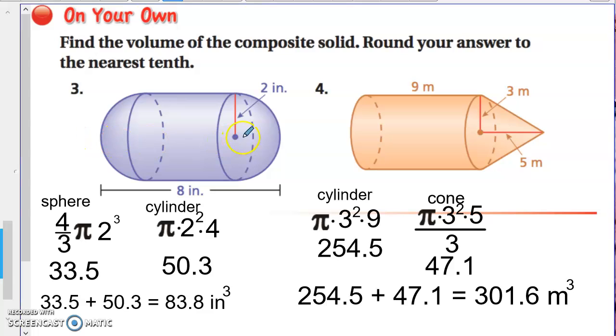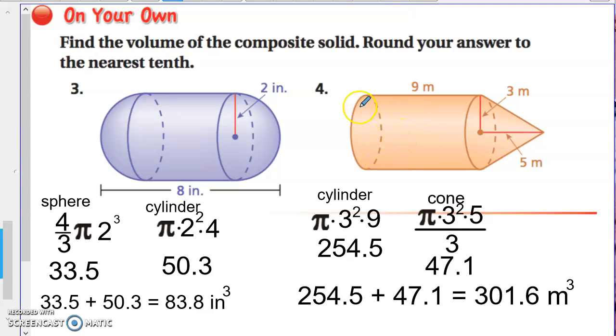There is 2 right here and 2 right there. So if I subtract 4 from 8, that leaves me with 4 for the height of the cylinder. So pi times 2 to the second power times 4 gives me 50.3 rounded to the nearest tenth. Then I add 33.5 plus 50.3, and the volume of this composite solid would be 83.8 inches cubed.